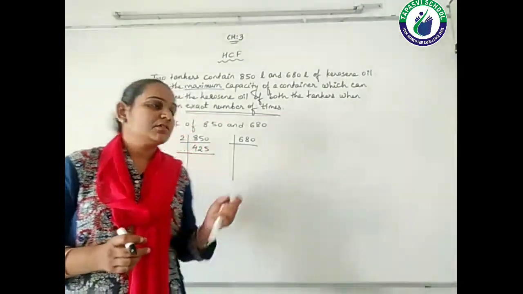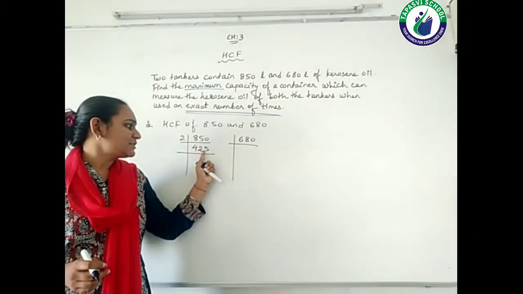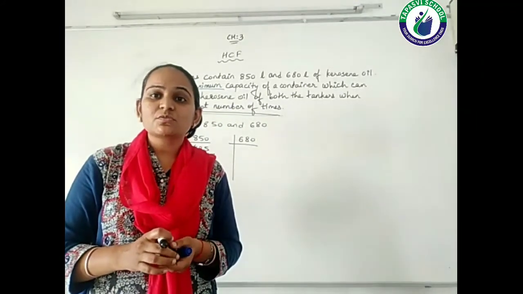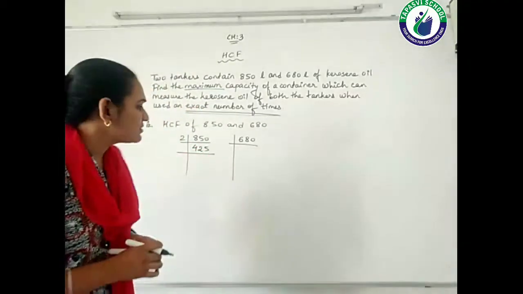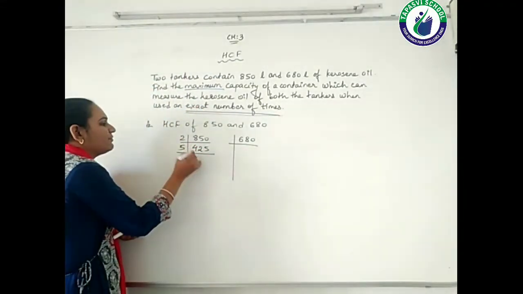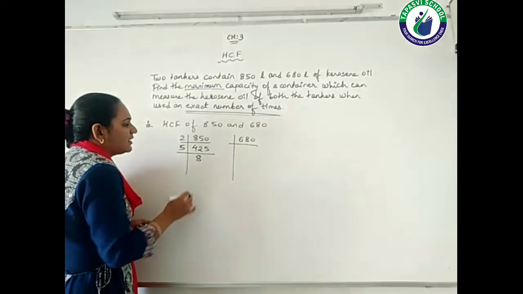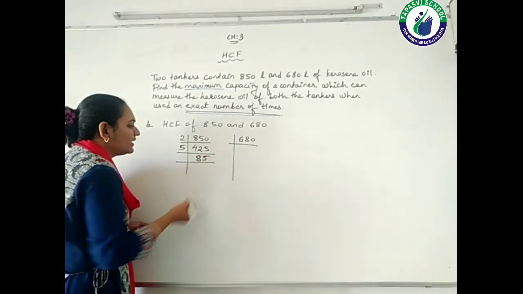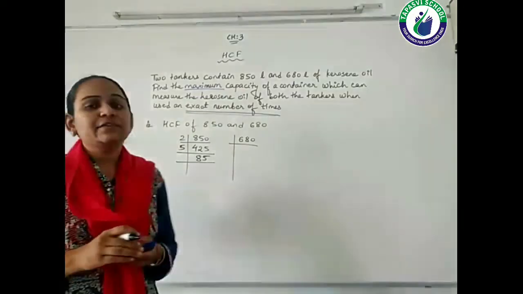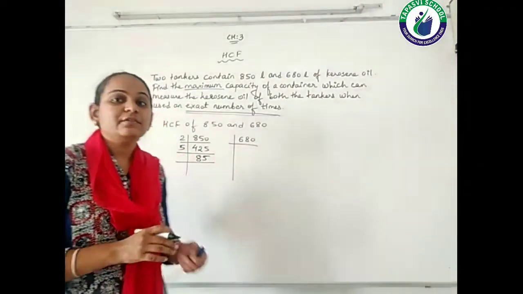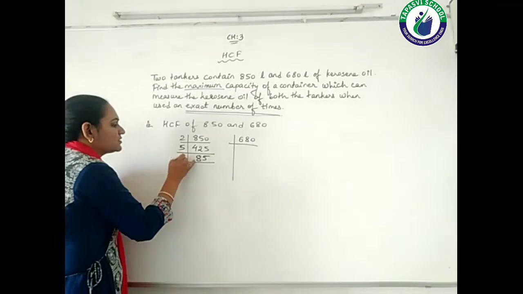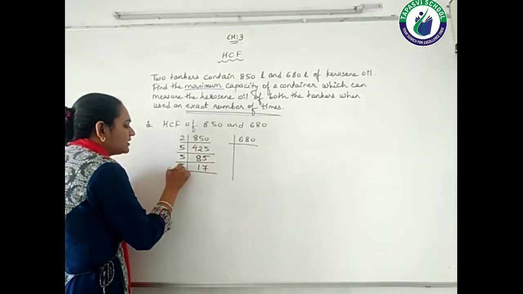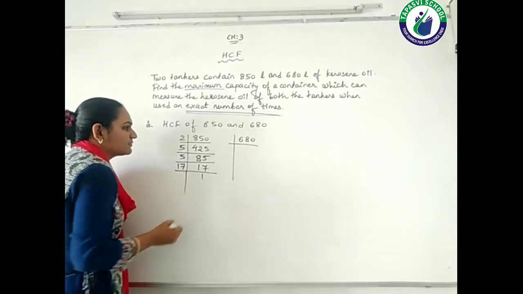By 3 also it cannot be, because 4 plus 2 is 6 and 6 plus 5 is 11. 11 is not a multiple of 3, so it is not going to be divided by 3. So directly switch to 5. 5 8s are 40 and remaining 2. So 5 85s are 425. Now 85 is there. 85 again can be divisible by 5 because the last digit is 5. So 5 17s are 85, and 17 ones are 17.